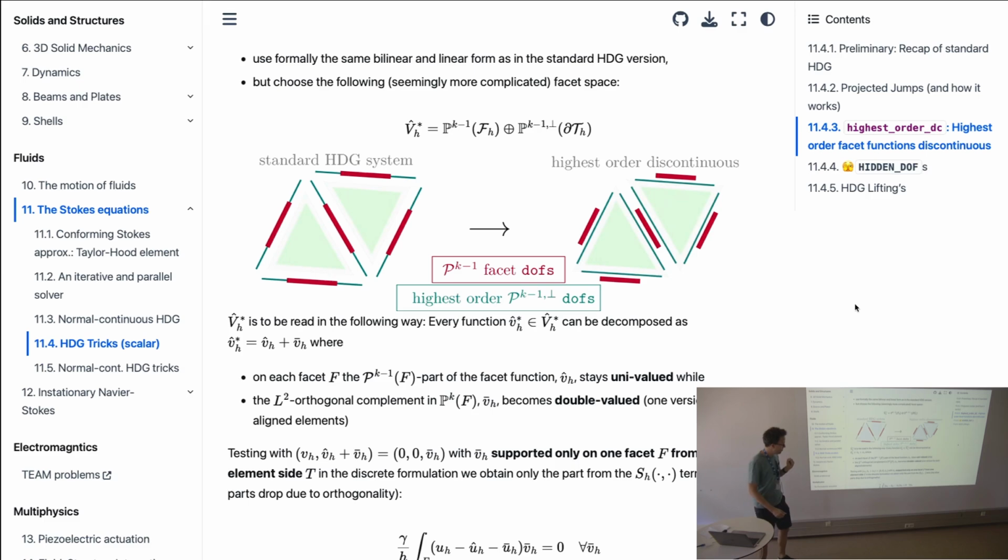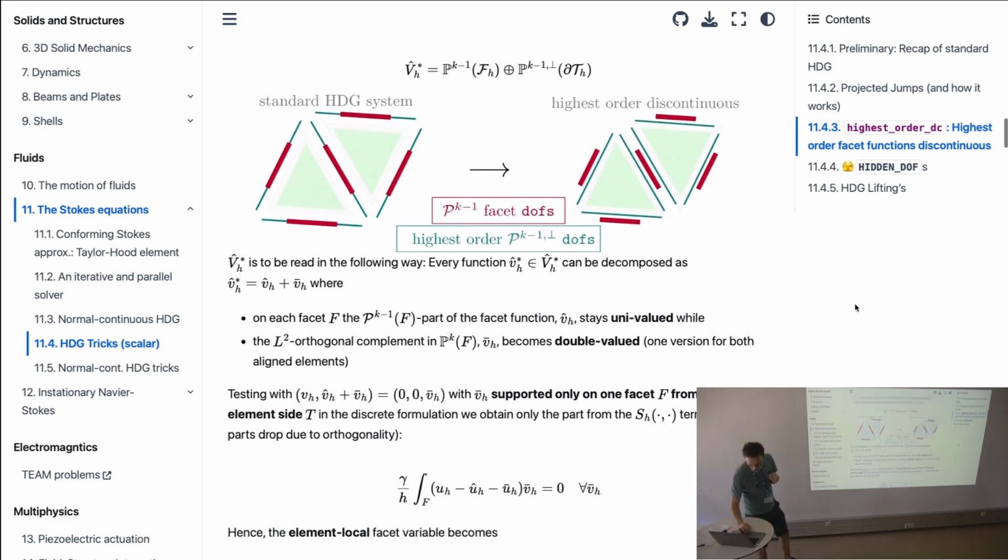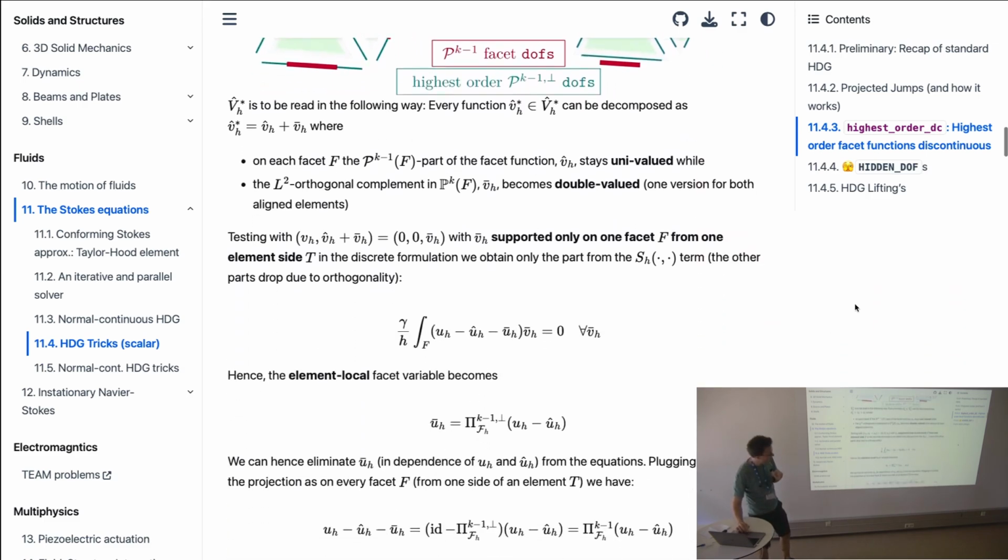Okay, why is this helpful? If you take a look at the corresponding formulations, you can figure out that the equation that is left for this highest order part, this u bar hat here, actually implements the projection into the orthogonal complement of the jump. So effectively, what you have in the jump, u minus these together are the facet unknown. This effectively means you have u minus u hat.